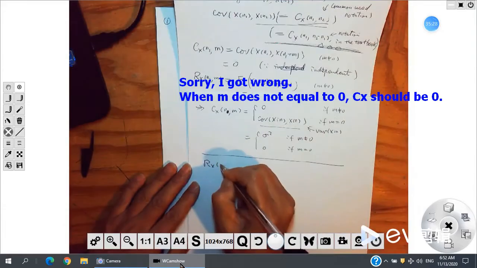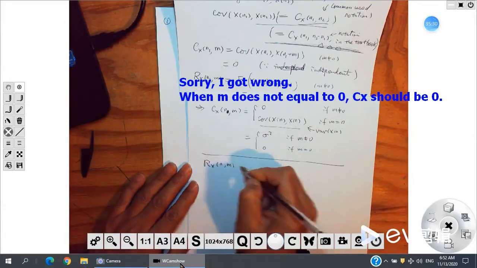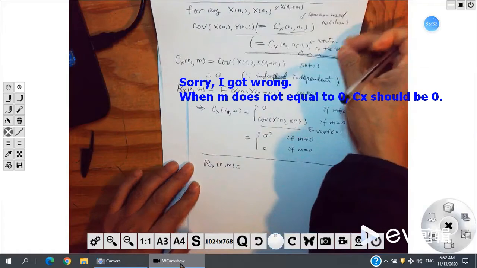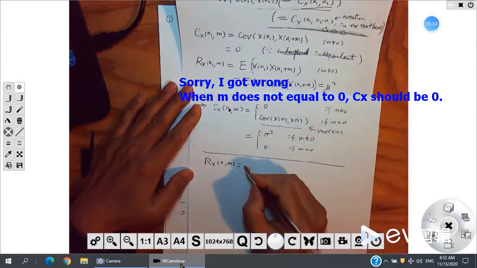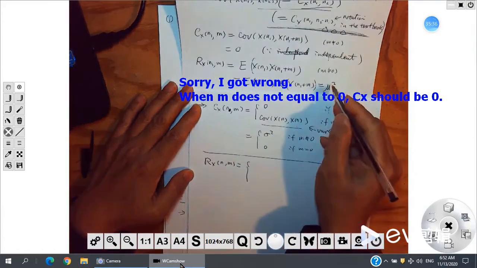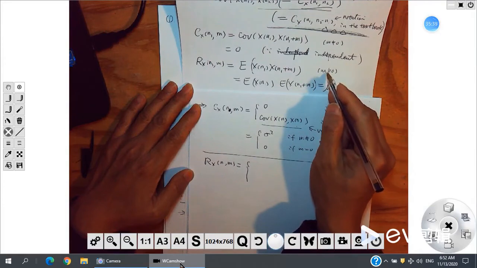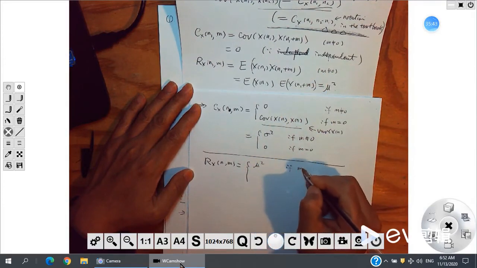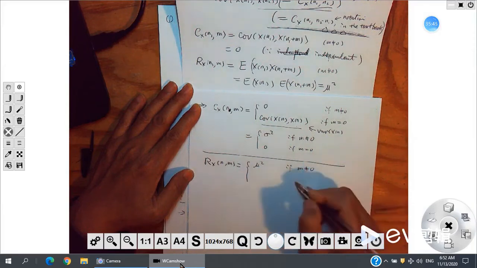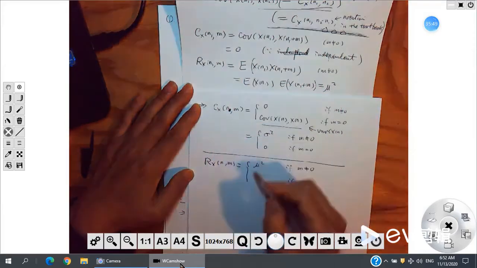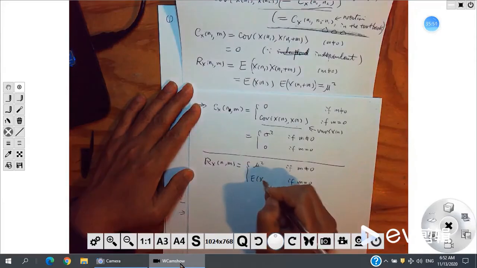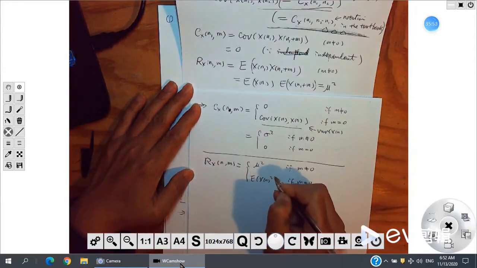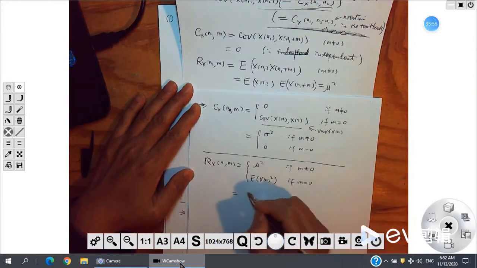Rx of n and m, similar thing. If m is not equal to 0, it is mu squared. And if m is 0, then this is the expectation of x of n squared, right? Okay, so this will be mu squared.